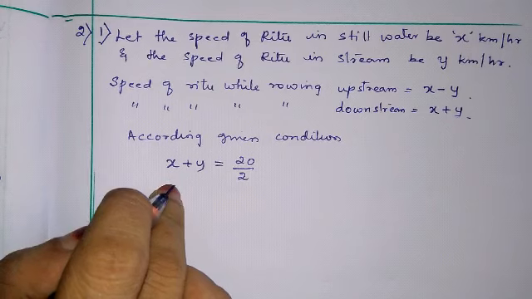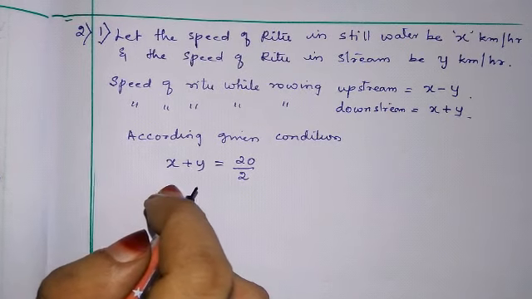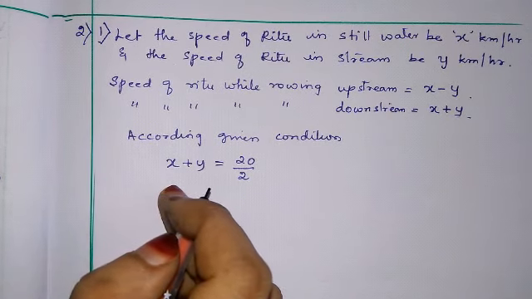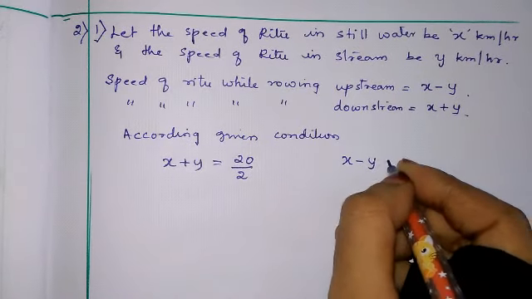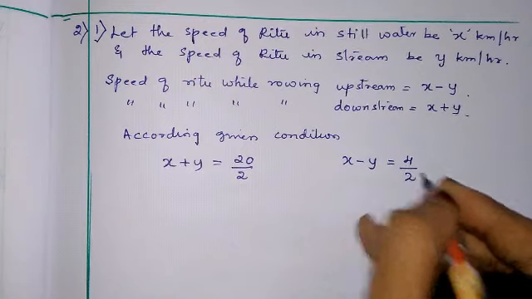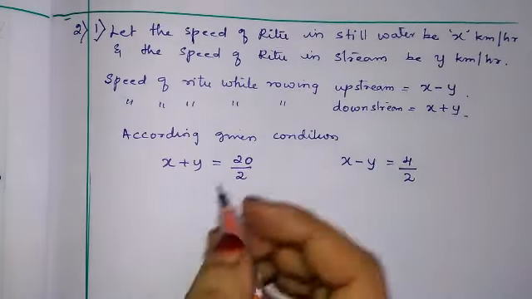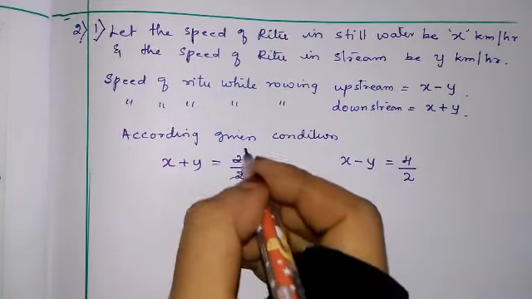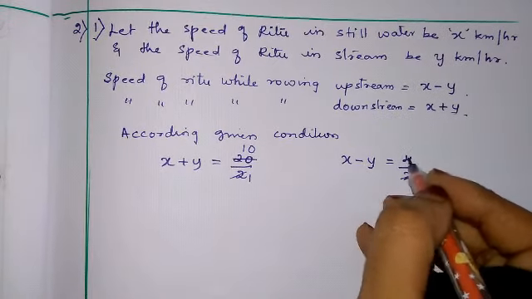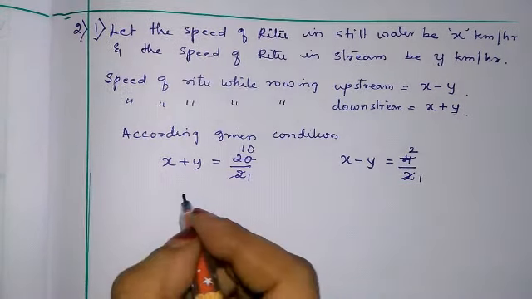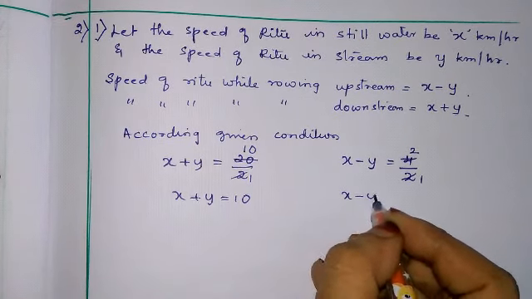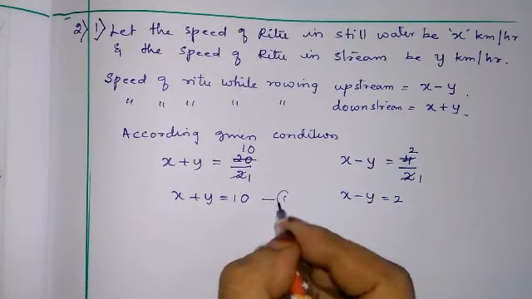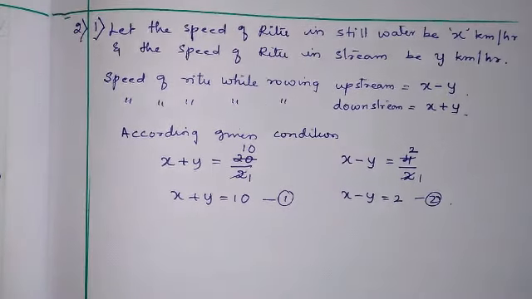And next, upstream 4 kilometer in 2 hours. Upstream is x minus y, 4 kilometer in 2 hours. So let us solve this. 2 ones are 2, 2 tens are 20, 2 ones are 2, 2 twos are 4. x plus y is equal to 10. x minus y is equal to 2. Equation 1, equation 2. Solving 1 and 2.